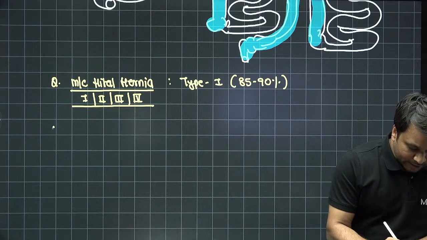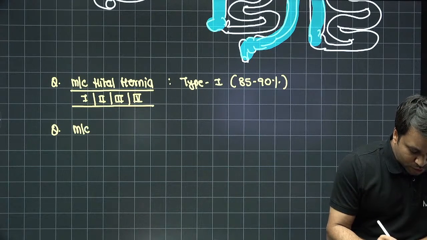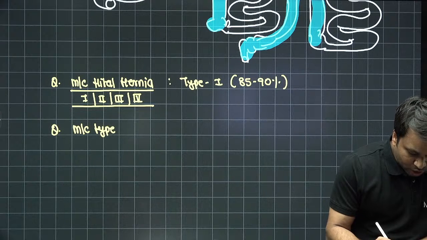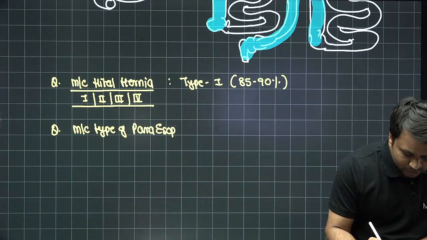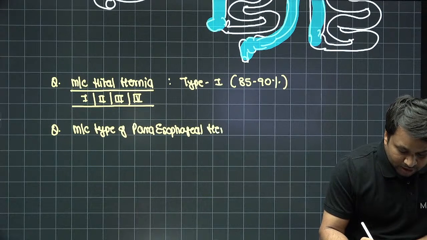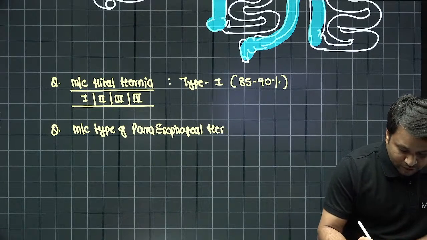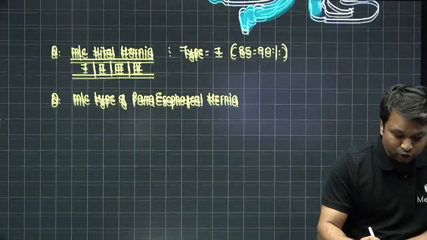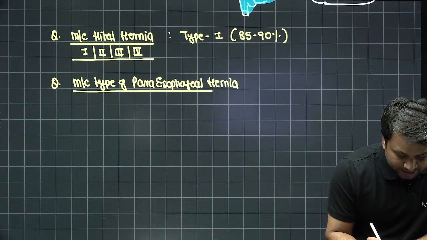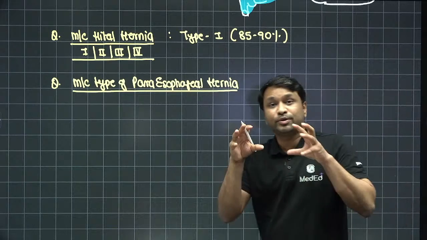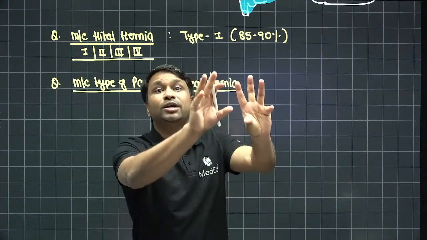Now if I change the question and ask you which is the most common type of paraesophageal hernia? Here, paraesophageal means the content has to go through a weakening and get into the thoracic cavity. So there has to be a true organ that is going to herniate.